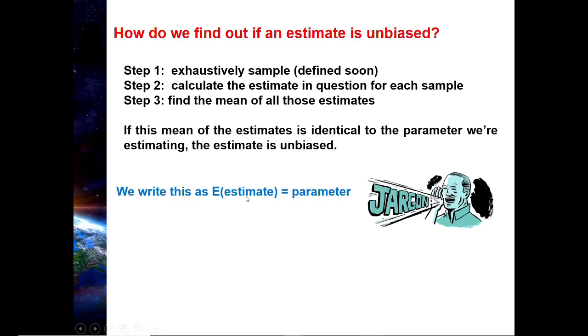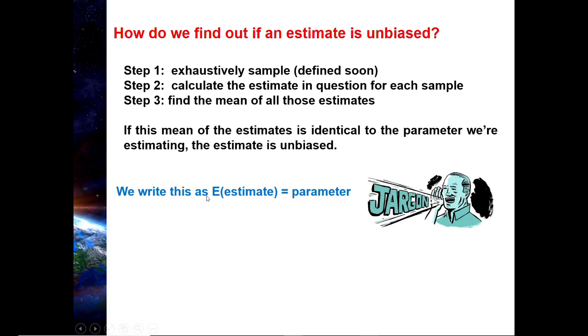Okay. If we were trying to estimate the parameter sigma squared, then we would put s squared here because s squared is the estimate. Sigma squared is the parameter. And then we would say the expected value of s squared equals sigma squared.